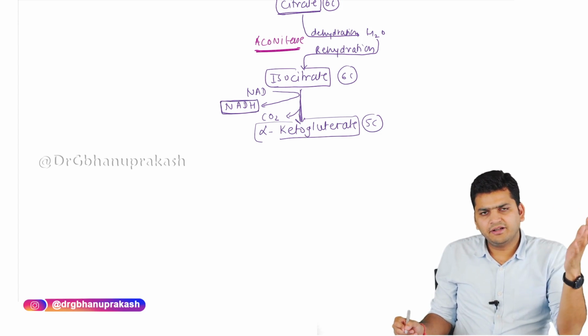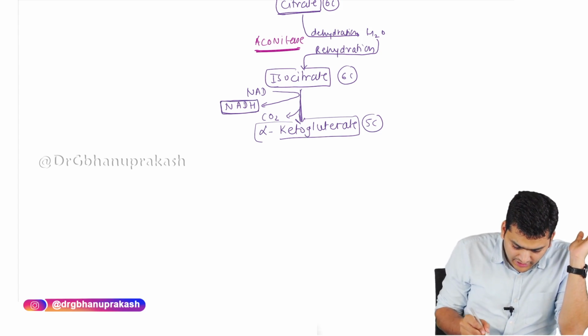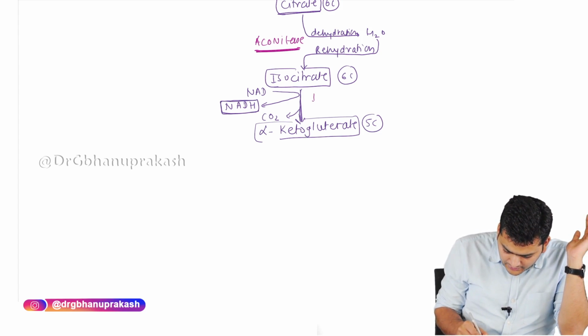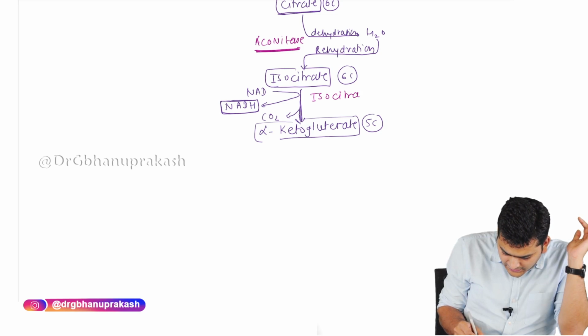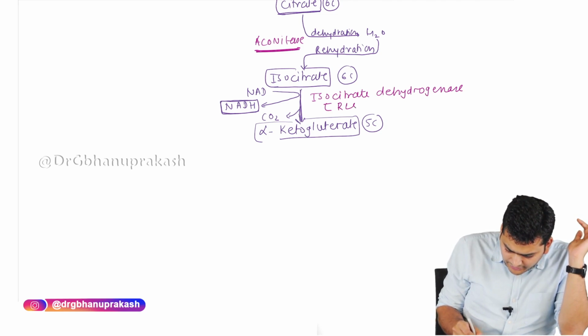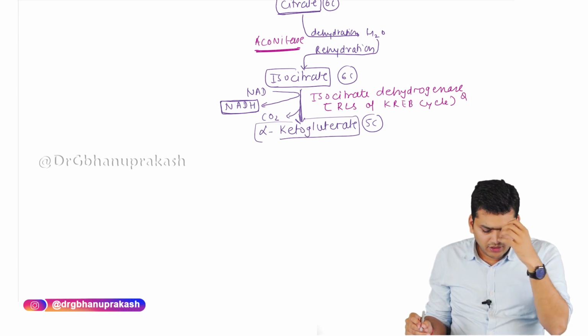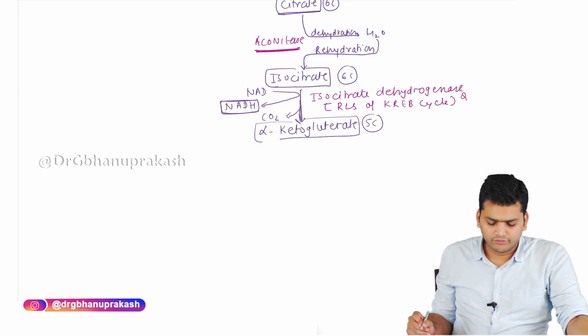So whenever there is NADH, the name of the enzyme is dehydrogenase. So the enzyme here is isocitrate dehydrogenase. This isocitrate dehydrogenase is the rate limiting enzyme of the Krebs cycle. So this is how the isocitrate will convert into alpha ketoglutarate.